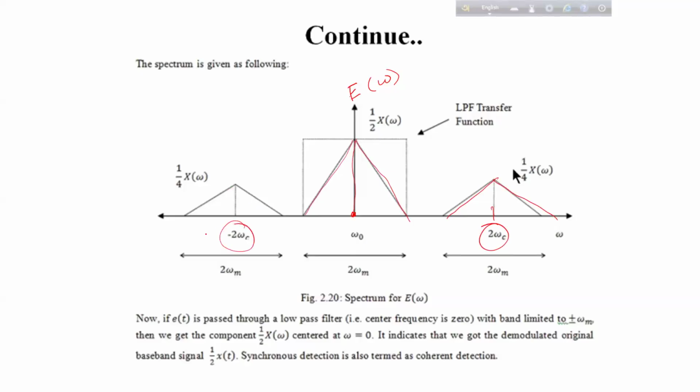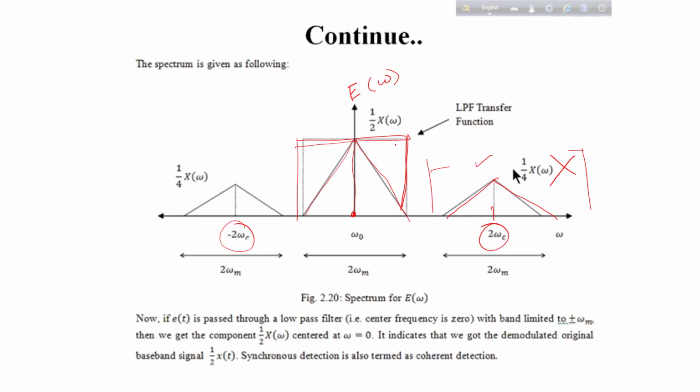Now, when you pass this signal through a low pass filter, the components at 2 omega c and minus 2 omega c will be cut, and we will get only this portion. Okay, only this low frequency signal portion.